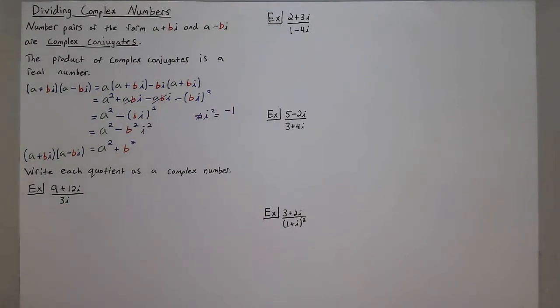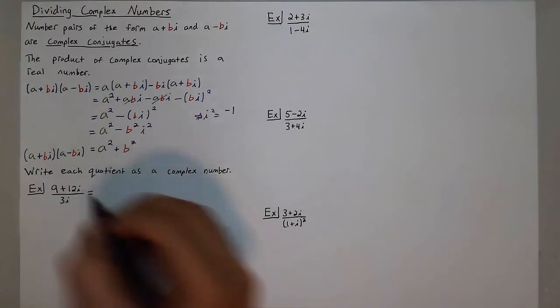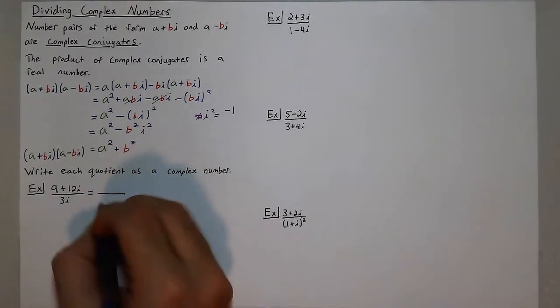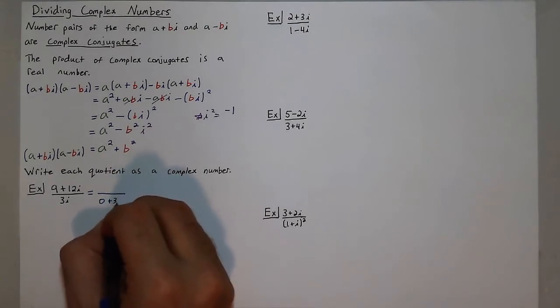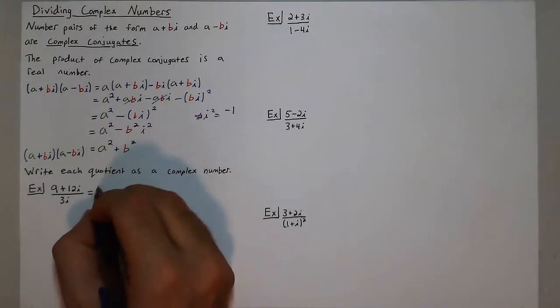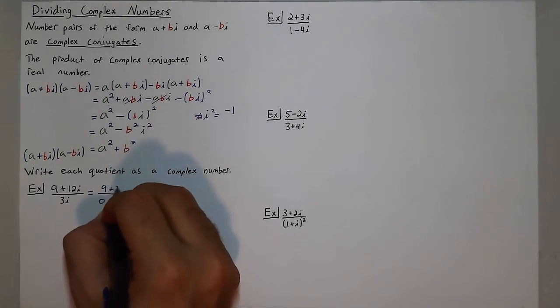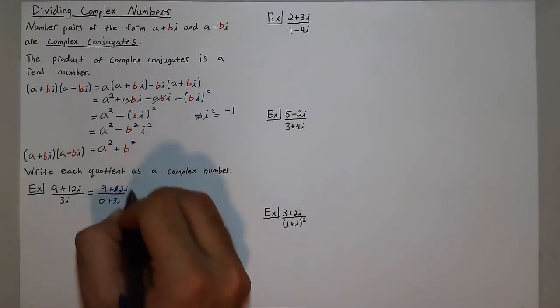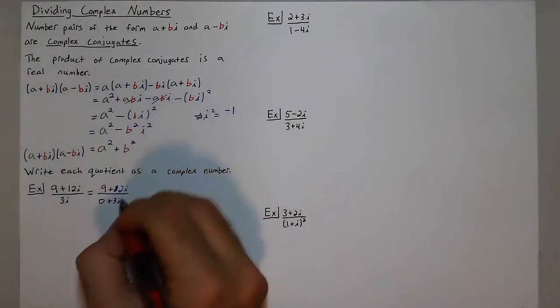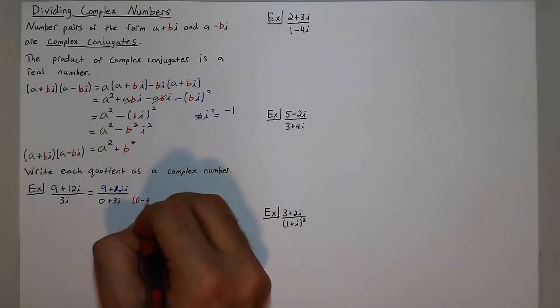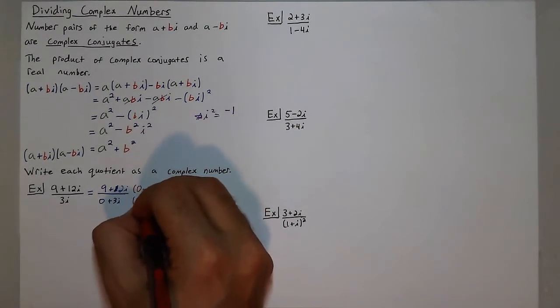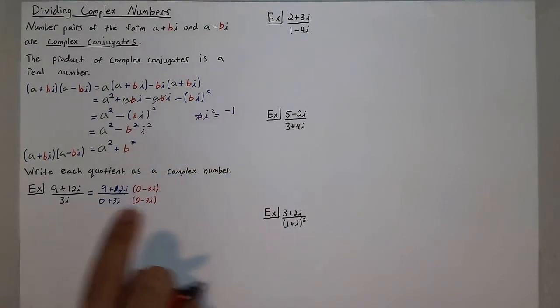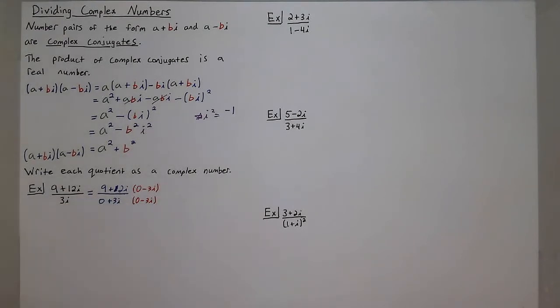So the trick is to multiply the denominator by its complex conjugate. So 3i is the same as 0 plus 3i. I'm going to multiply by its conjugate, 0 minus 3i, or just negative 3i. By doing so, I can turn that denominator into a real number, and then I'll be able to rewrite this expression as a single complex number.